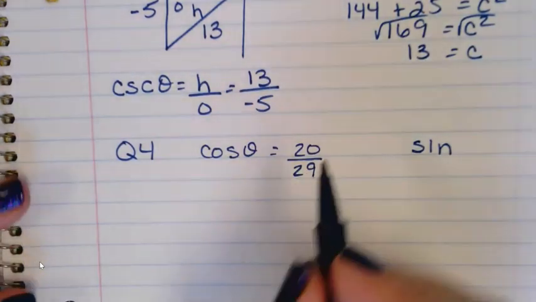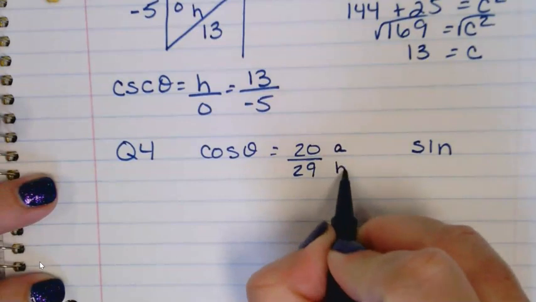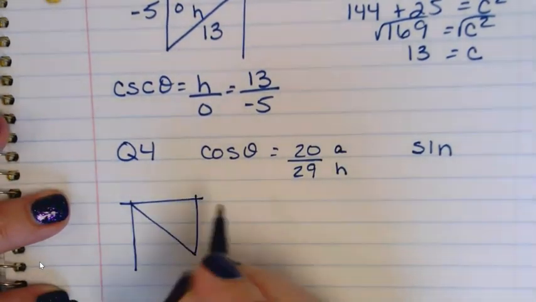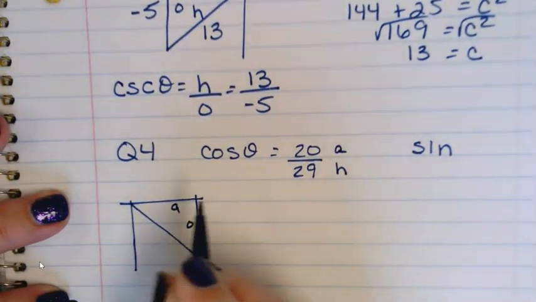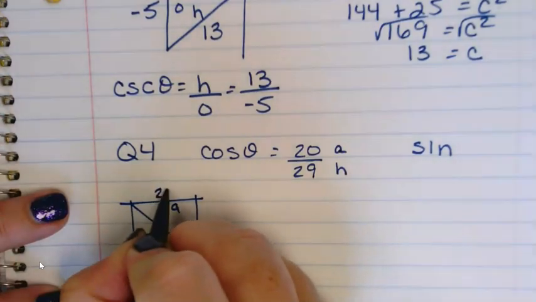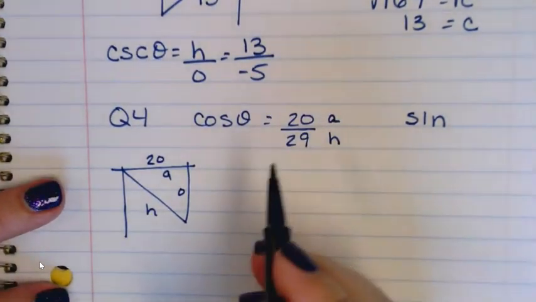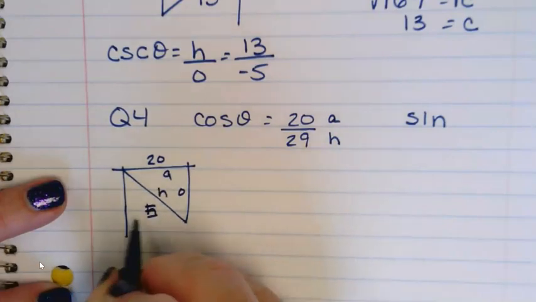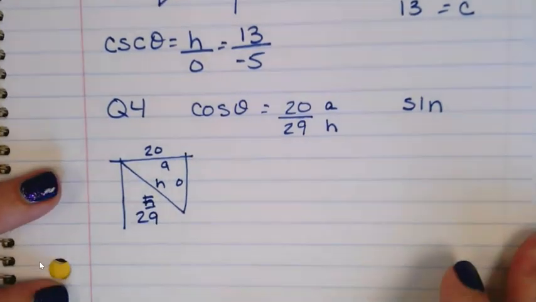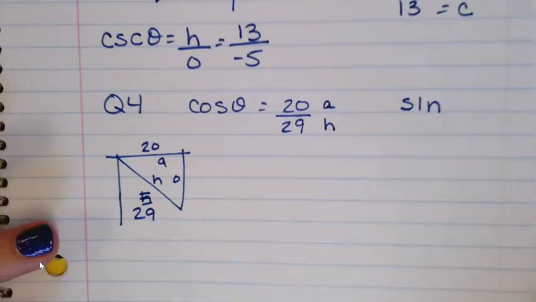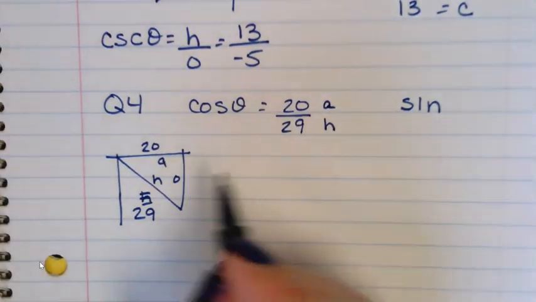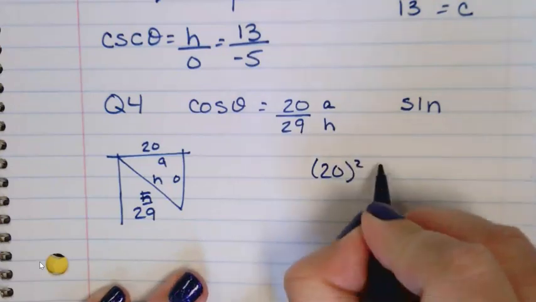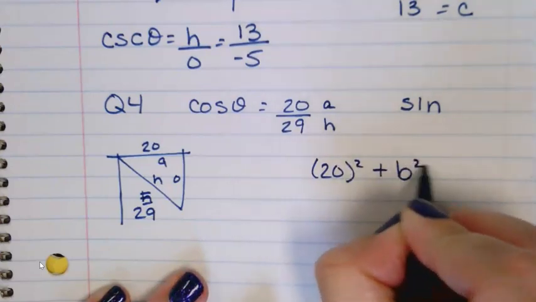Okay, so here we go. We know this is A and H. So quadrant 4, A, O, H. So 20, me put the h here, and this is 29. We got to do the Pythagorean theorem to find this. So 20 squared plus b squared.